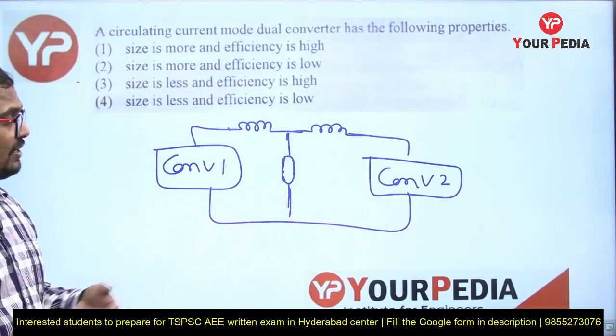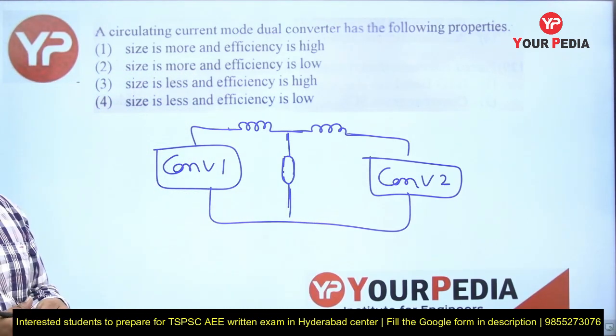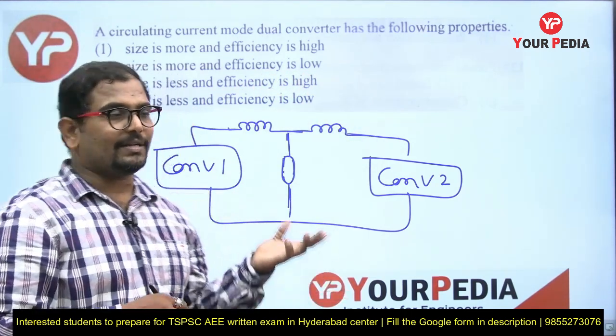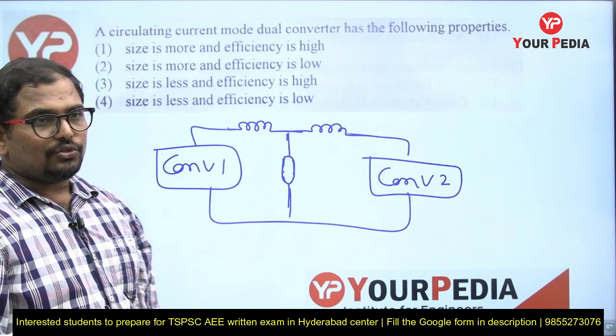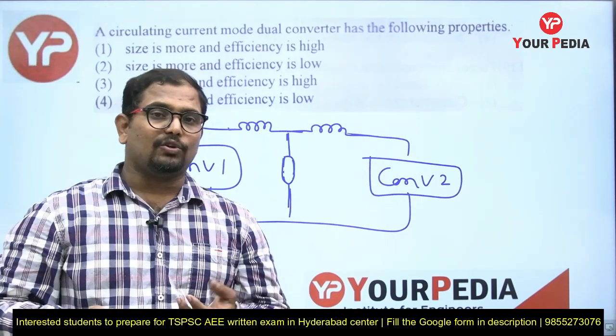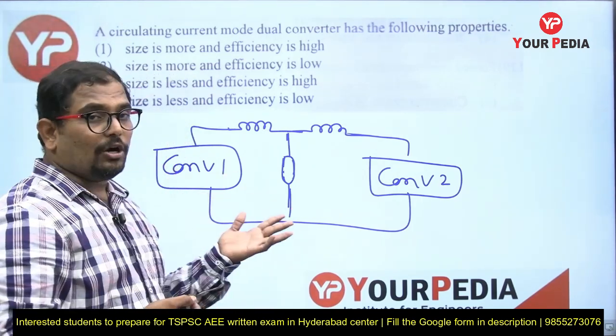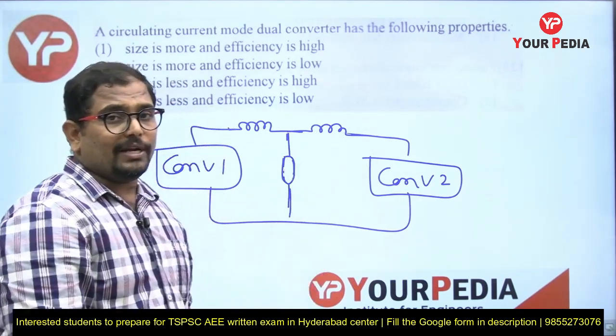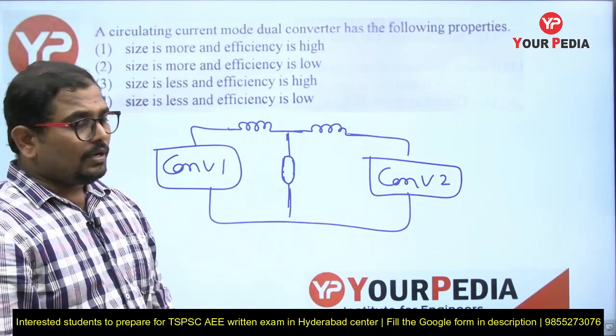So this is the circulating current mode of dual converter. So dual means two converters connected in back-to-back fashion. So two full converters are connected in back-to-back fashion. And here usually we'll use motoring load to get the 4-quadrant operation.